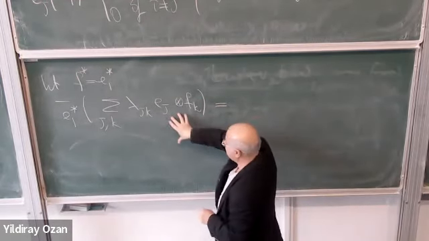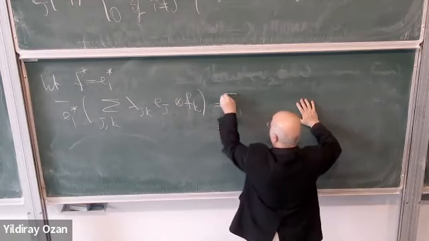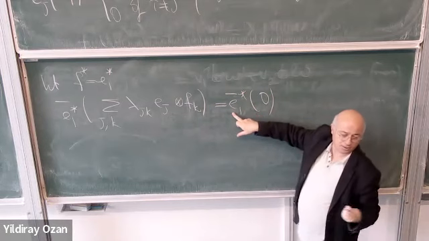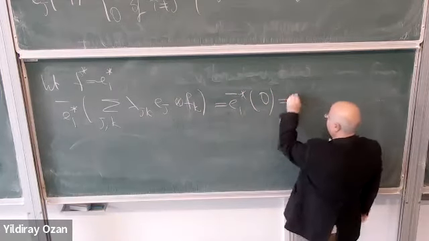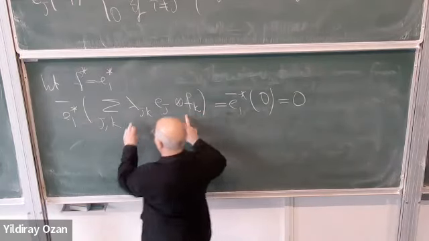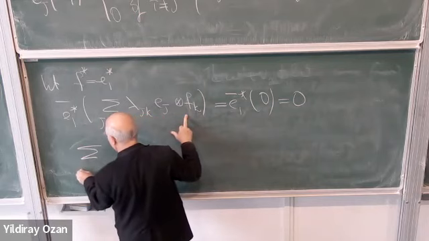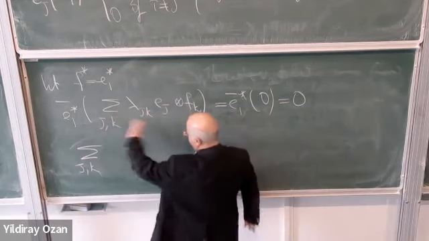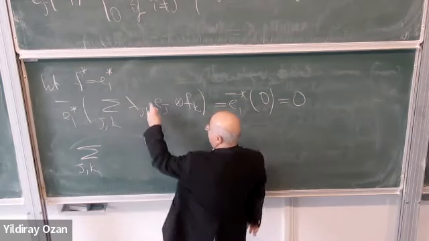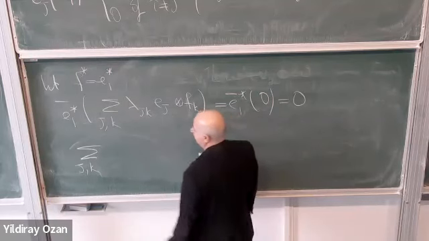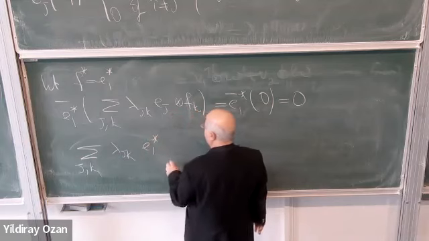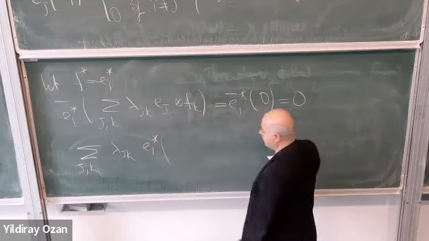But this widget is just 0 by assumption. And since this is a linear map, this is 0. Therefore, I can write this as just, take this summation outside, and I can take these constants also outside. Lambda jk, and then E1 star evaluated on this.